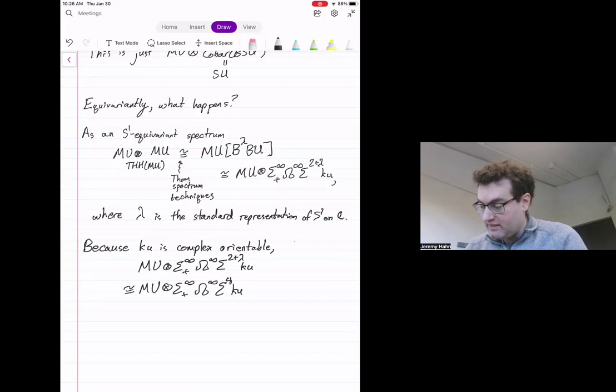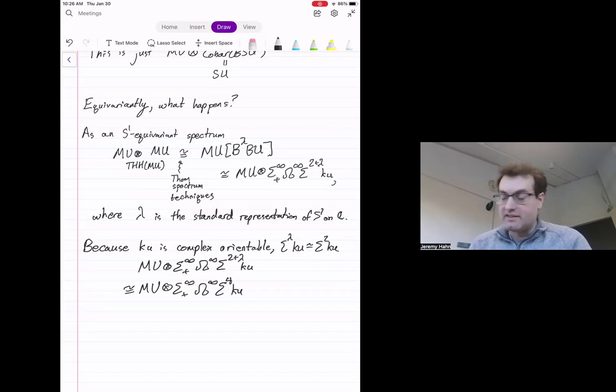That's just because ku suspended by lambda is the same as ku suspended by 2, even equivariantly, because ku is complex orientable. So you have a Thom isomorphism for a complex representation.